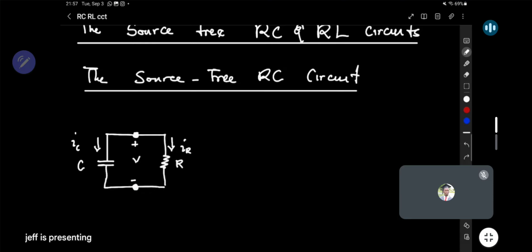Okay, so what is happening here? If you just isolate one point, picking off the nodes here, let me say this is node A, and this is node B, just pick any one of these nodes. When you pick node A, you find that IC is leaving the node, so negative.